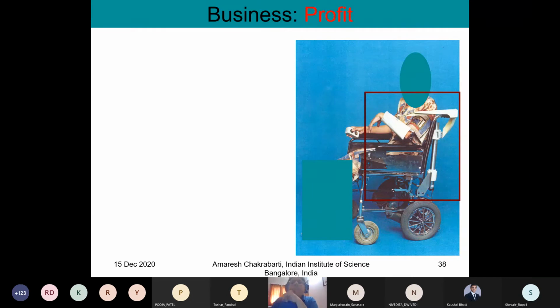People who have muscular dystrophy have a problem of moving their arms or body parts up and down, because dystrophy comes from dystrophin, which is a protein that communicates between signals that come from the brain and transmits that to the muscle.